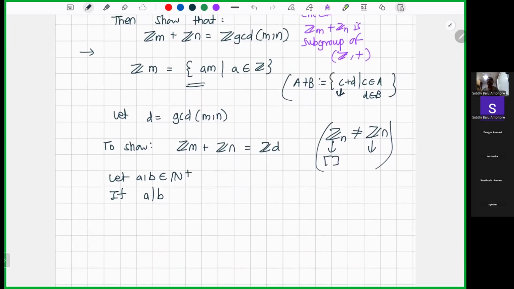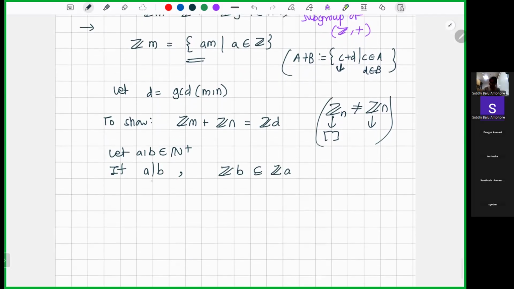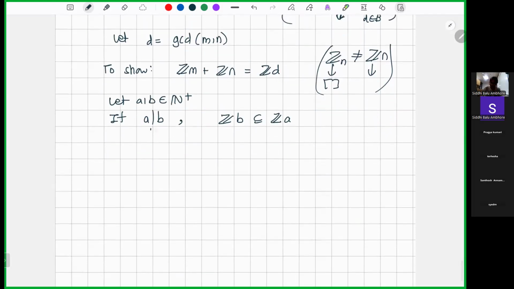If a and b belong to N plus and a divides b, then Zb will contain... sorry, Za will contain Zb. Let me just write it: Zb will contain Za? Because see, what does this mean? This implies that b is some m times a, right?